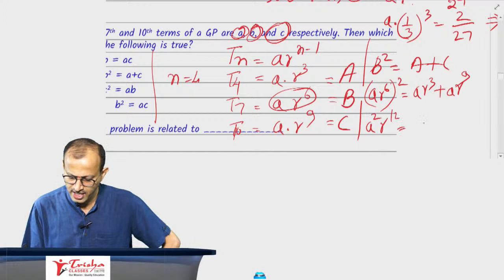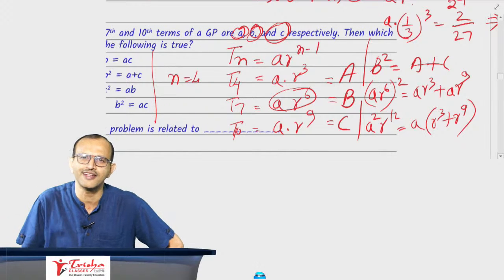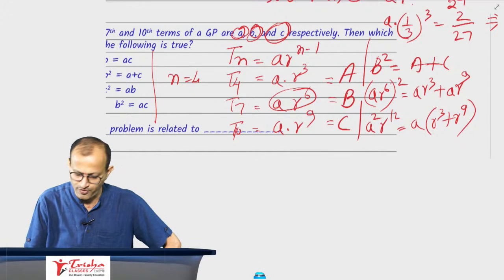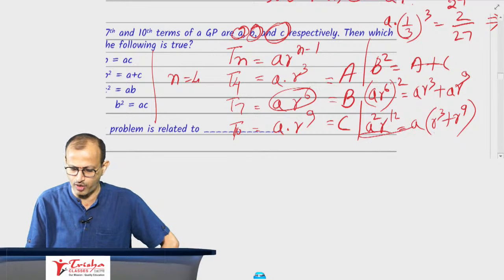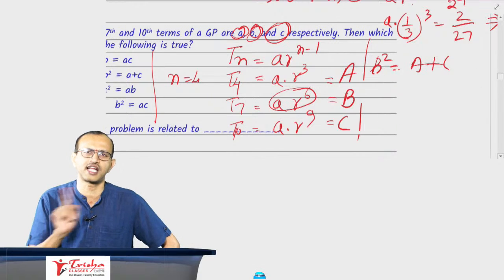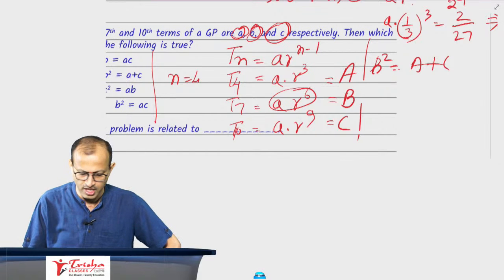You know that A, if you take common, r cube plus r to the power 9. Can I write r to the power 3 plus r to the power 9 as r to the power 12? Indices say whenever multiplication is there you can add the powers, not whenever plus is there. Therefore, this is not matching. And here also you are not getting A. So second option delete. One thing you noted: r to the power 3 plus r to the power 9 is not r to the power 12. r to the power 3 into r to the power 9, if into is there you can do it. So option B deleted. Now left are C and D.